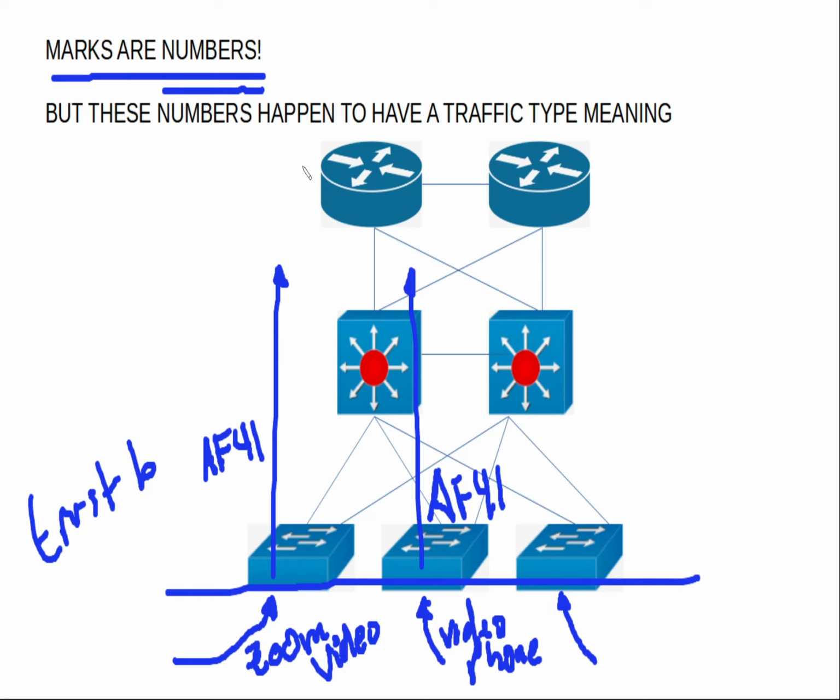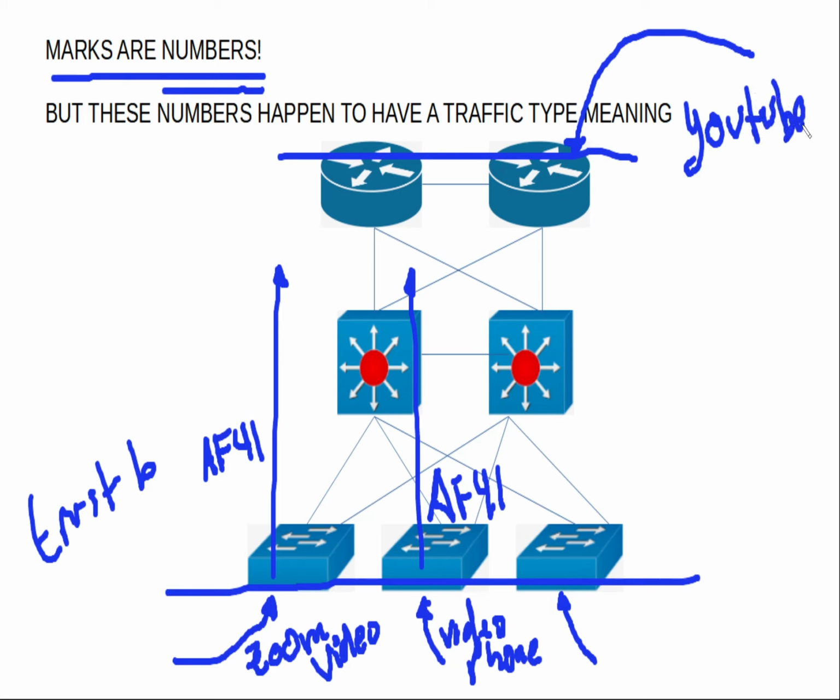But let's imagine that we have traffic that arrives from the internet, and it is YouTube video. In this case, our corporate policies establish that this kind of traffic is not actually an allowed or supported video traffic within our enterprise. So we might want to mark it with a value of 0, for instance.